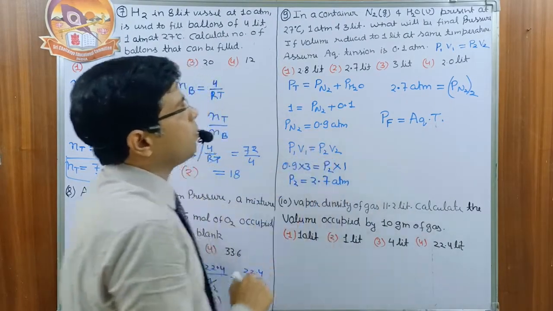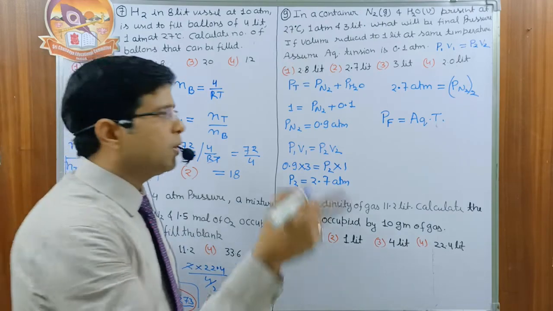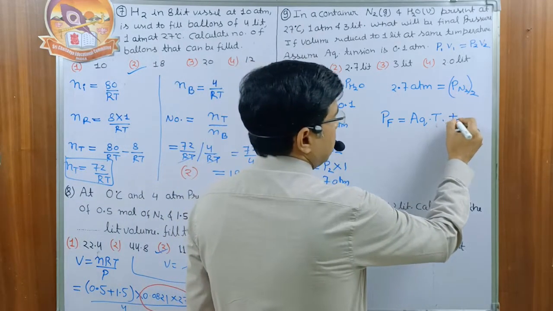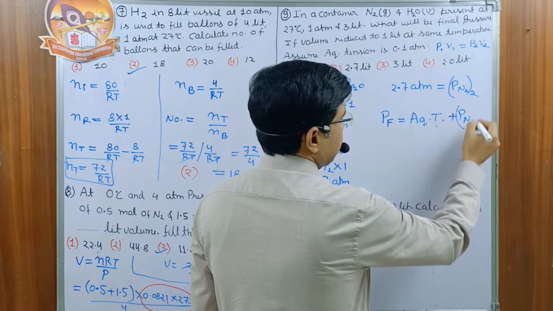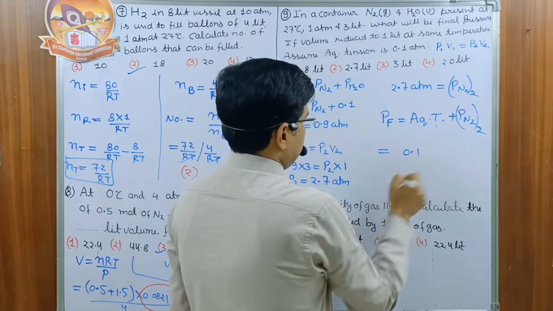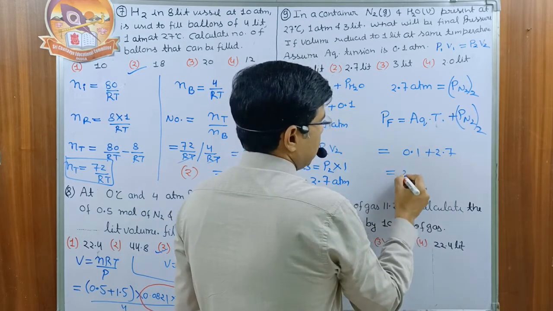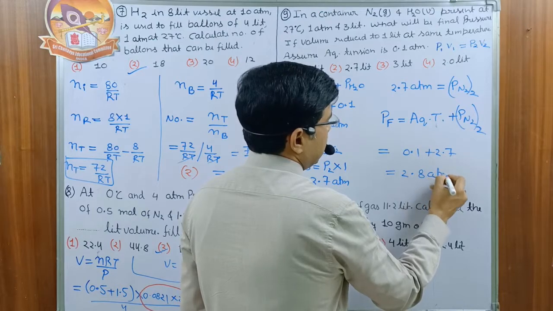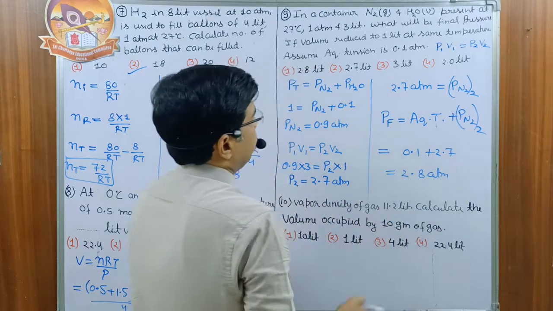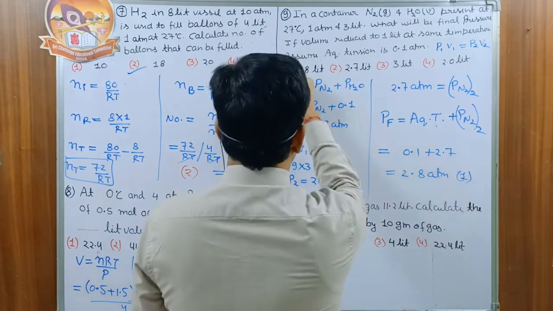Initially it was 0.1, and after changing the pressure and volume it is still 0.1 plus pressure of the nitrogen gas at condition 2. Aqueous tension is 0.1, pressure of the nitrogen gas is 2.7, so the answer of this question is 2.8 atmosphere, which is given in option number 1. So the correct answer of this question is option number 1.